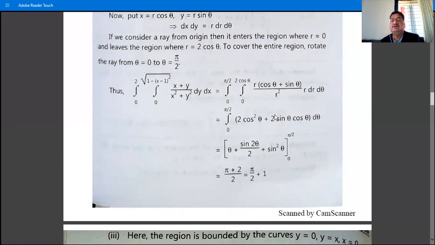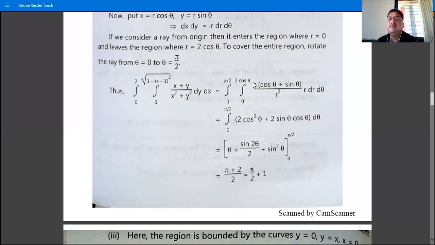This is the integration where 0 to 2 cos theta is the limit on r. So integrate with respect to r first. So the integration is what? 1 by r, the integration is log r with respect to r. Okay.